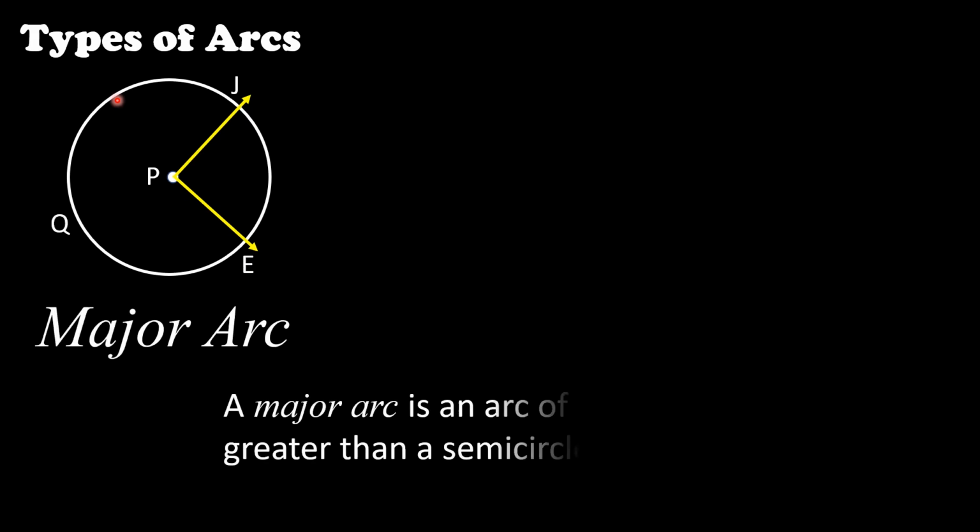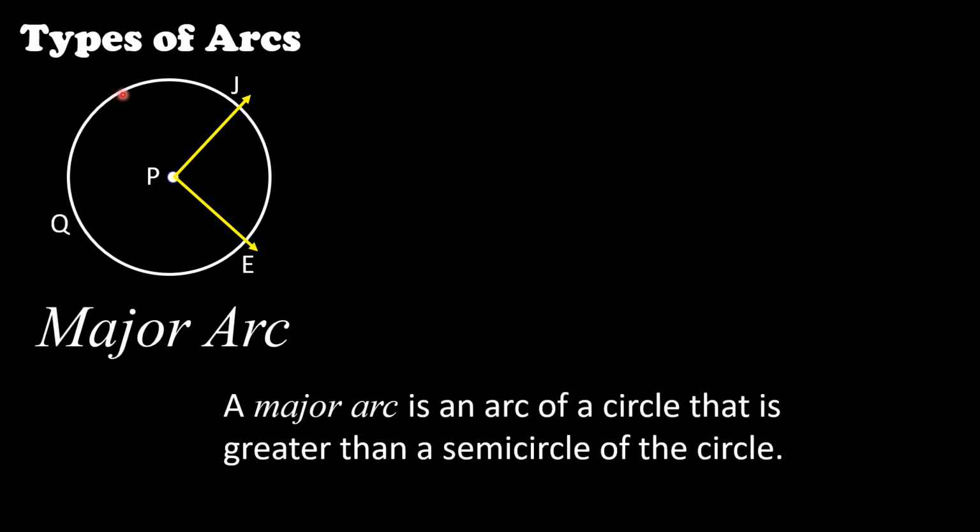The major arc. A major arc is an arc of a circle that is greater than a semicircle of the same circle. From the same figure, we have central angle JPE that intercepts arc JE. The other part of the circle, that is arc JQE, is greater than half of the circle or the semicircle of the same circle.